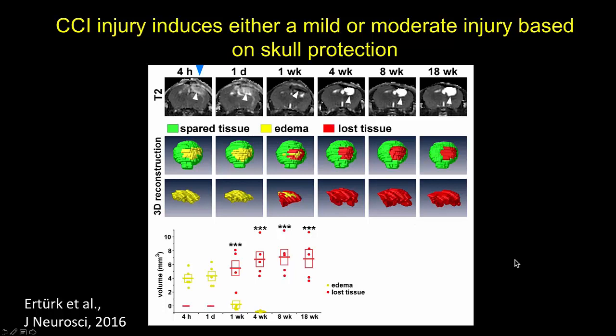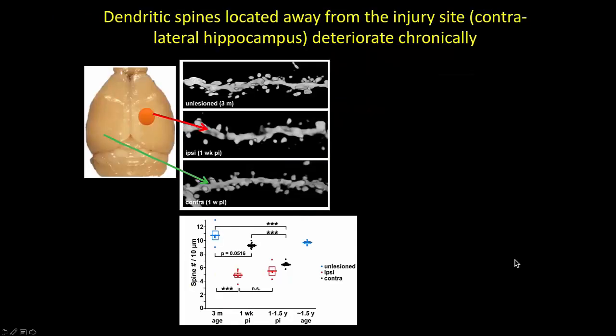Then we did more detailed imaging using confocal microscopy, where we performed this lesion on Thy1-GFP animals, where a subset of neurons are labeled with GFP, therefore we can see fine structures of neurons like dendritic spines. We then quantified dendritic spines in the TBI case.